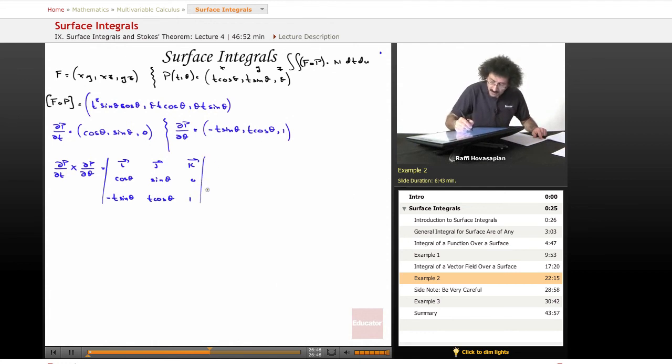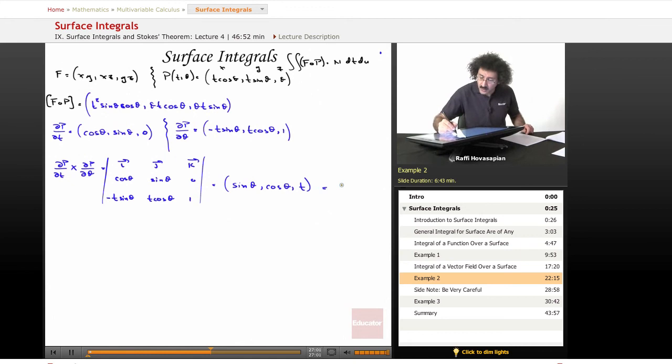When I form this determinant, I end up with sine theta, cosine theta, and t. Good. This is my n. So now I have n, and I have f of p.